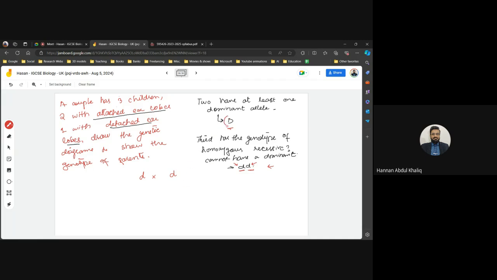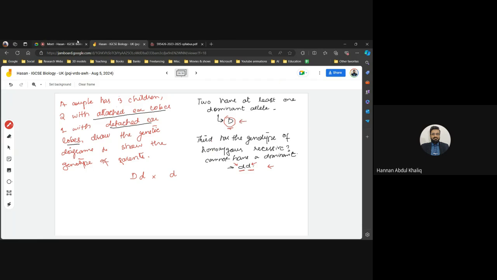And obviously, if children are showing the dominant feature, where did they get that dominant feature? Obviously from a parent. So at least one of their parents should have a dominant allele. Why? Only then there would be a chance that their children would be showing a dominant feature.